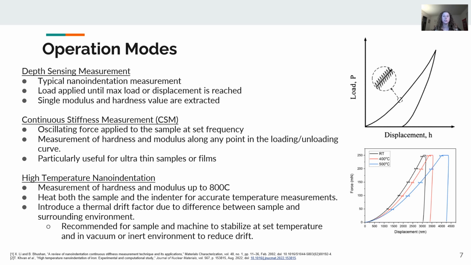Downside to this is there's usually a thermal drift factor that you introduce due to the general differences between the tip temperature, sample temperature, and the ambient environment. To correct or minimize this, it is recommended to stabilize your sample and your tip for as long as you can in order to get thermal equilibrium before performing your measurement.